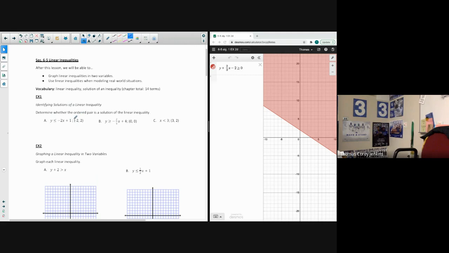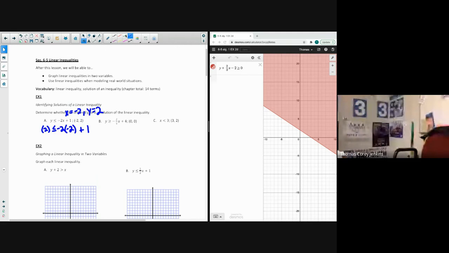As an ordered pair, this means x equals negative 2 and y equals positive 2. So we sub in 2 for y and negative 2 for x, then we check to see, is it true?